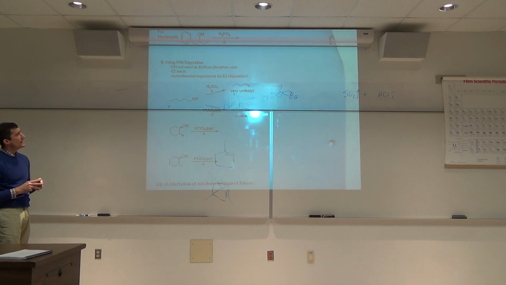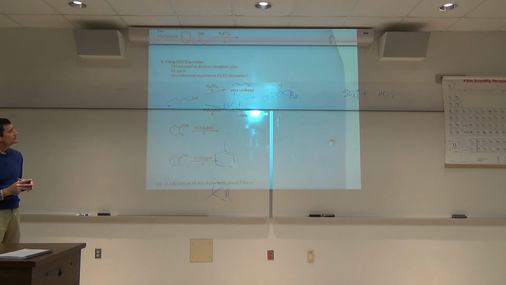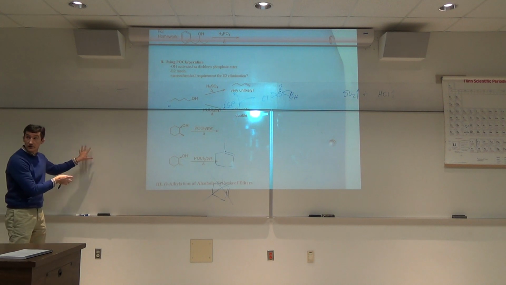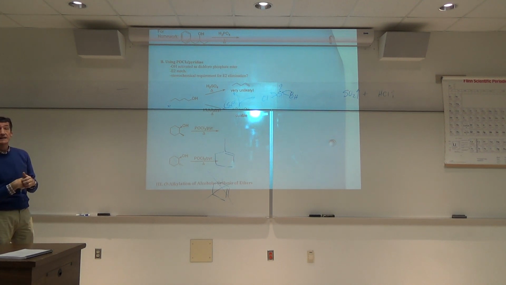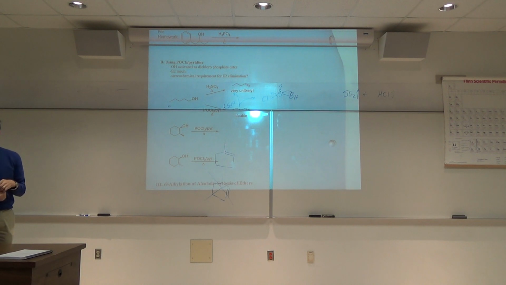The OH is going to be activated as a dichlorophosphate ester. Big word, but it's very similar to when we did that SOCl2. And then it's going to undergo an E2 mechanism. The pyridine is strong enough to do an E2.